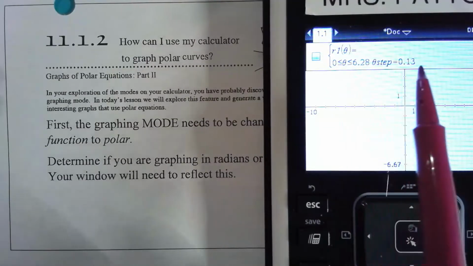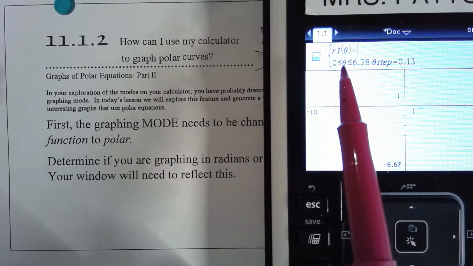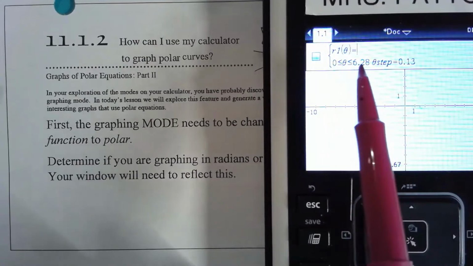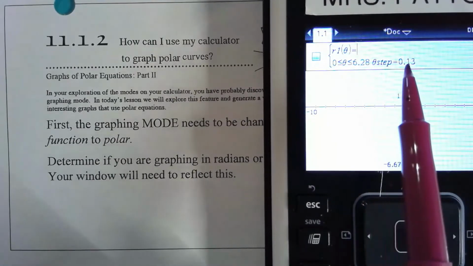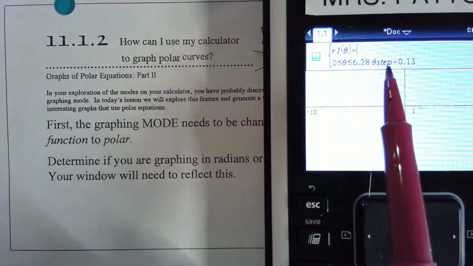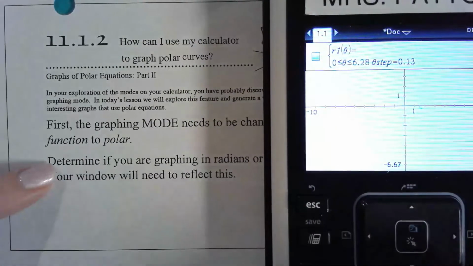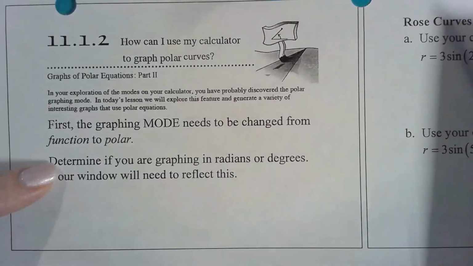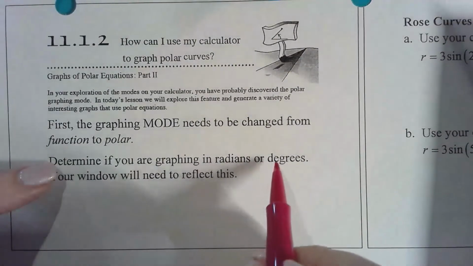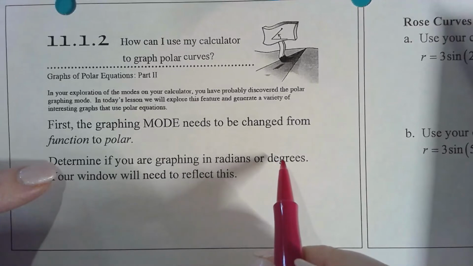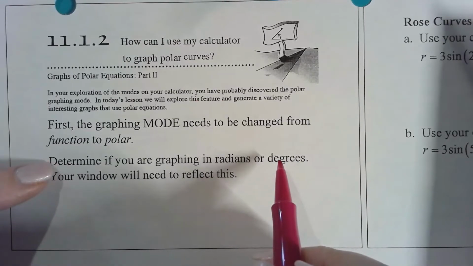And then underneath it, it says theta right now is going from 0 to 6.28, and my theta step is 0.13. That's what I want to talk about first. If you are going to be graphing in radians, that's going to look a little bit different than if you're graphing in degrees. And by the way, the same thing is going to happen on an 84. I just don't have an 84 with me.